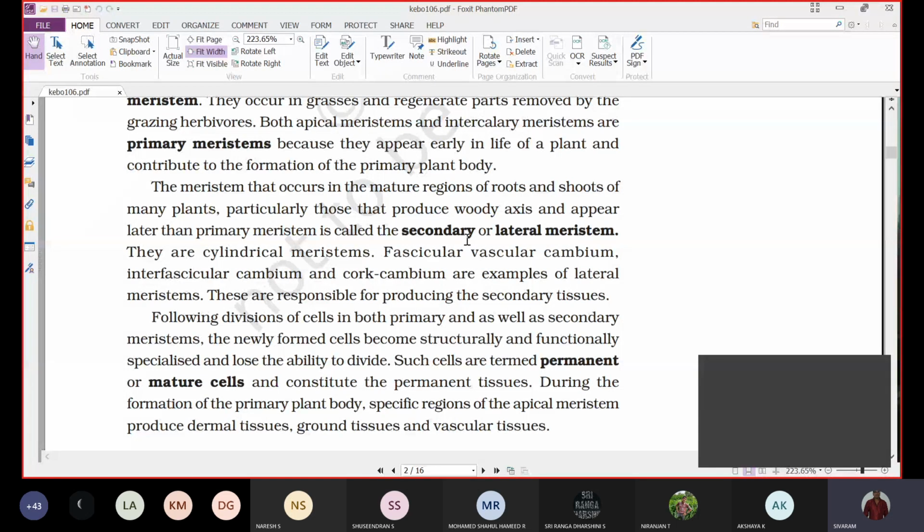The meristem which is responsible for the development of these secondary tissues or secondary growth, we are calling secondary meristem or lateral meristem.